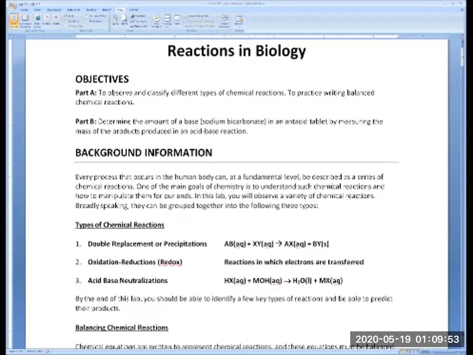So double replacement is a more general type of way that two compounds exchange partners. And precipitation is really more specific because it's a double replacement where you are making a solid. So you see here on the product side, you see BY is a solid because there is an S in parentheses.